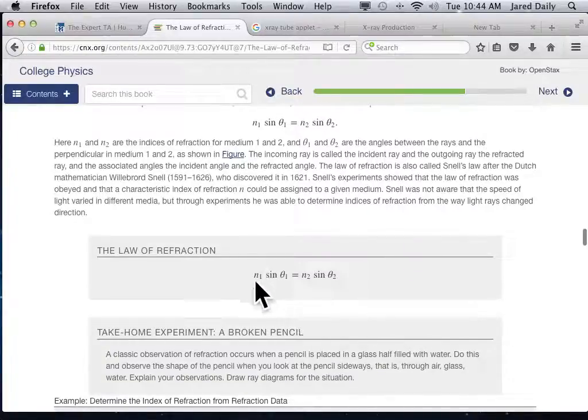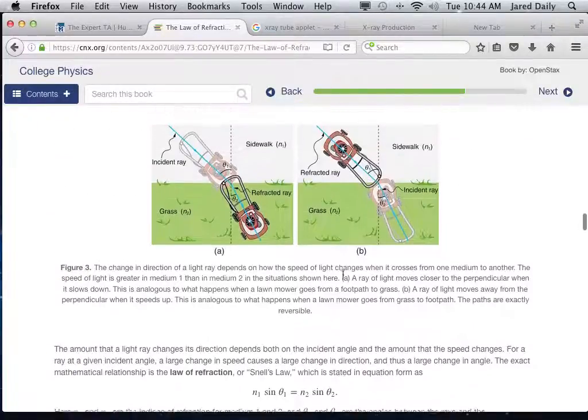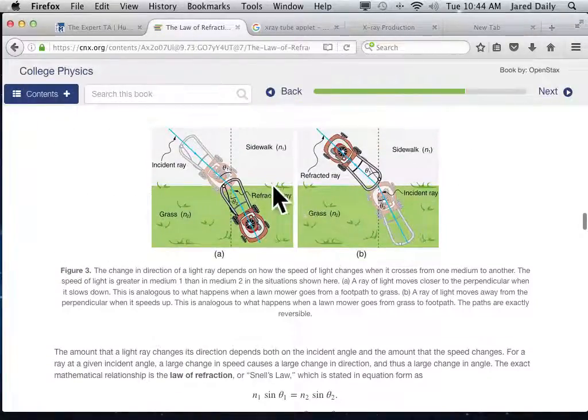So if n1 is the first material that you're in, and theta 1 is the angle at which you hit the boundary between two materials, then n1 times sine theta 1 has to equal n2, the outgoing material, times the sine of the outgoing angle, theta 2.